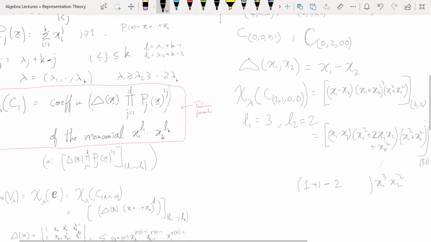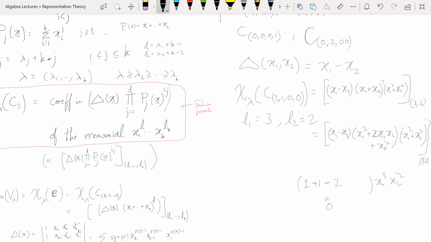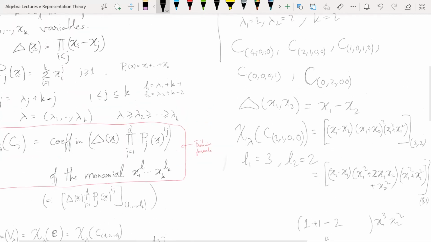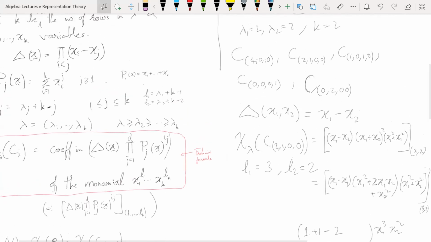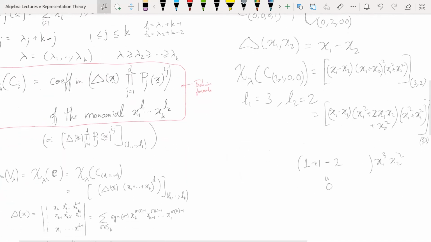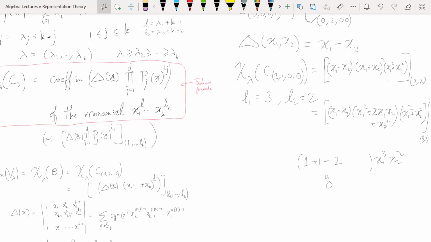So the coefficient of this is 0, which is right, is it? Does anyone remember from the character table of S4? For transposition, it turns out to be 0. It's 0, it's correct. Okay, good.